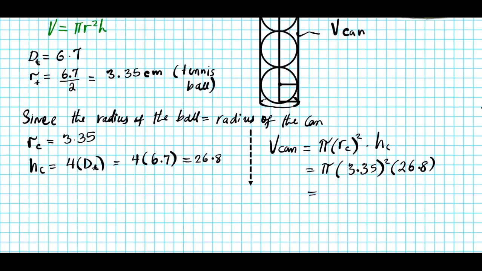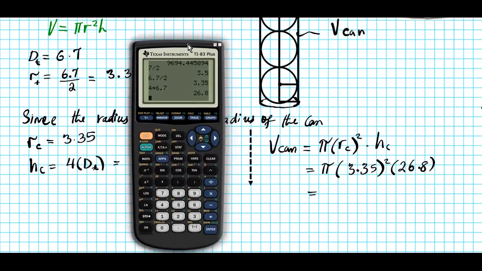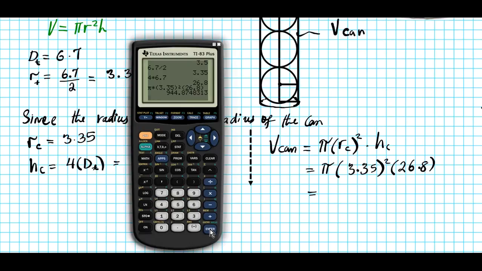Let's go ahead and enter that into our calculators. So, and we're going to be rounding to the nearest cubic centimeter. Okay, so we have pi times 3.35. Sorry, I'm supposed to put my parentheses. 3.35 squared times 26.8. Close that, enter.